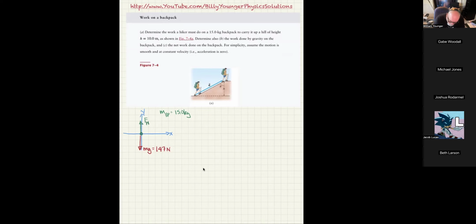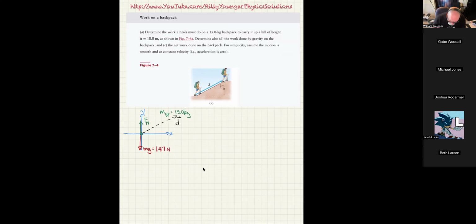I'm going to try real hard not to make you think that this is a force, so I'm going to draw it as a dotted vector. So that's our displacement vector. In this particular example, the textbook is calling it D, whereas the last one they called it X, but it doesn't matter too terribly much.